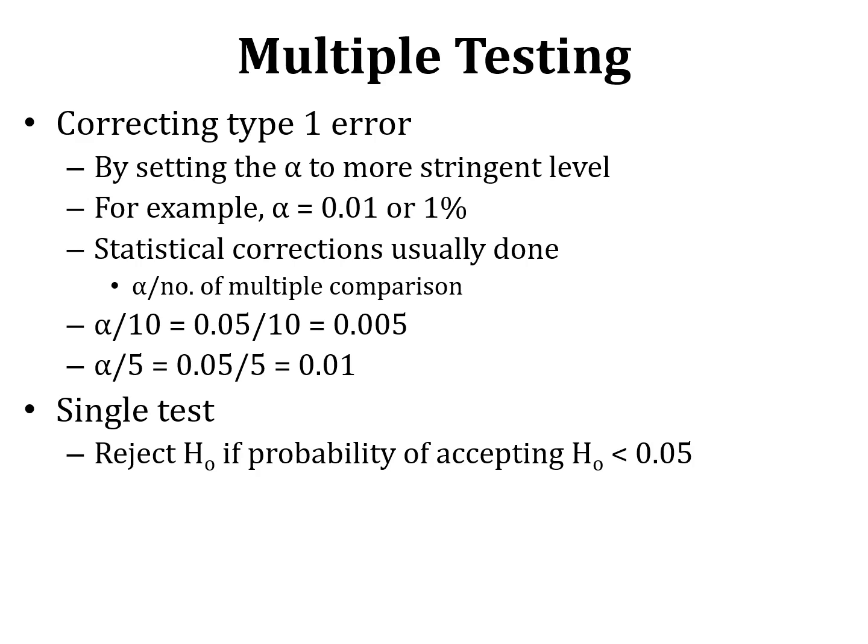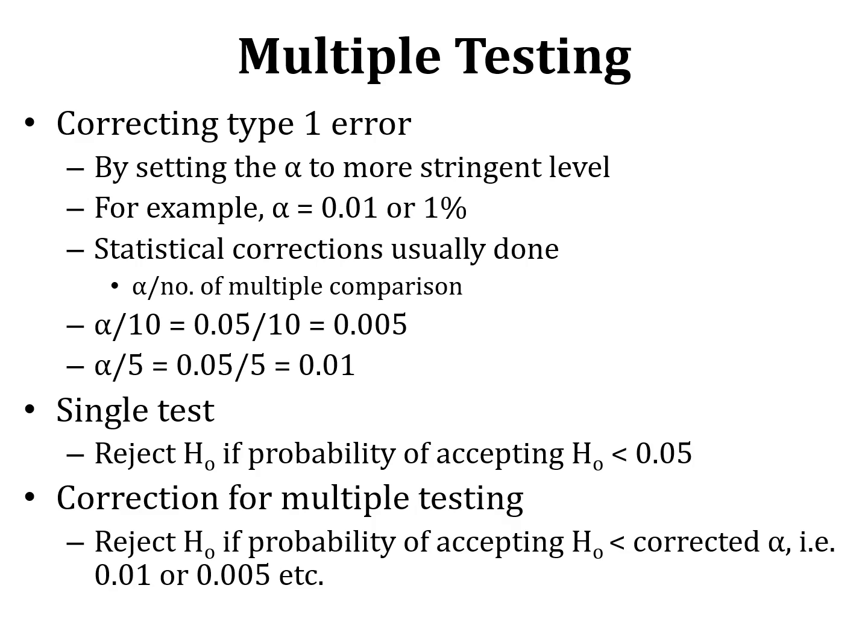So how is this going to create the difference? In a single test, your level of significance is 0.05. Your alpha level is 0.05, which means that you're rejecting null hypothesis if probability of accepting null hypothesis is less than 0.05, right? So this is what we usually do.